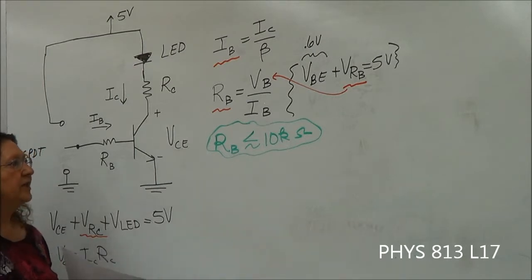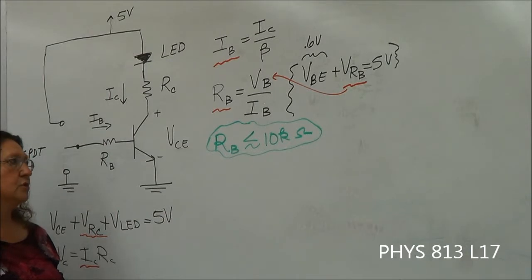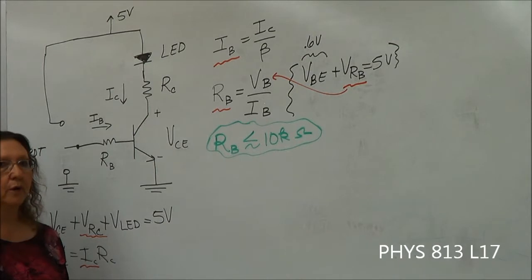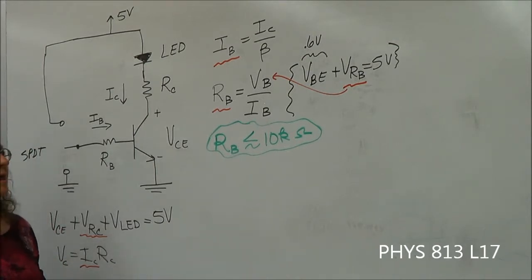The other thing is that when you decide what kind of resistor you want, you may not be able to find it if you go to Radio Shack or wherever you buy resistors, because companies do not manufacture every single digit of resistance. So you have to pick something in the range that you want, and that's available.